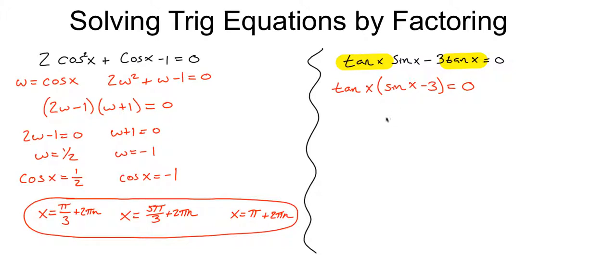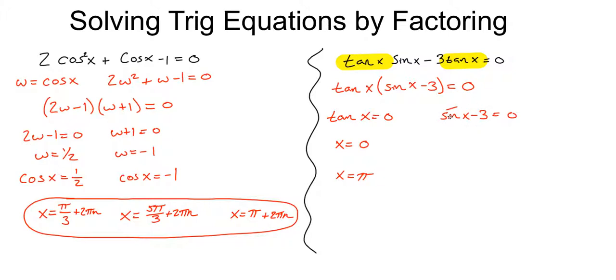For the first one, we say that tangent of x is equal to 0, and again this is using our zero product property, and that the sine of x minus 3 is also equal to 0. Here tangent is equal to 0 when x is equal to 0, and again when x is equal to pi.